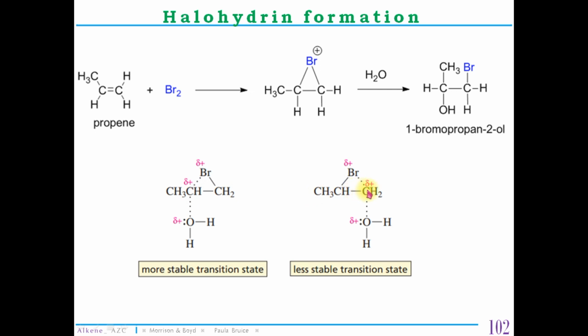So this transition state is more stable because the delta positive charge is occupied by the secondary carbon, while in the other the partial positive charge is occupied by the primary carbon. So the hydroxyl group always adds to the carbon depending upon the stability of the carbocation.